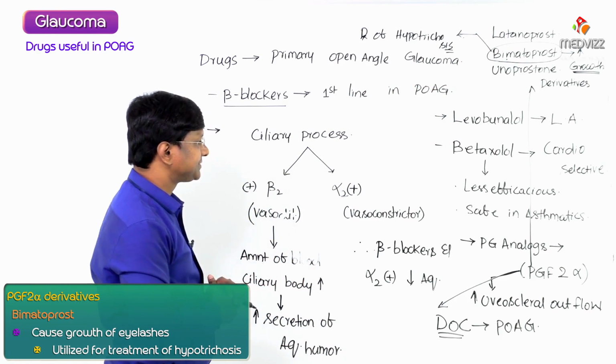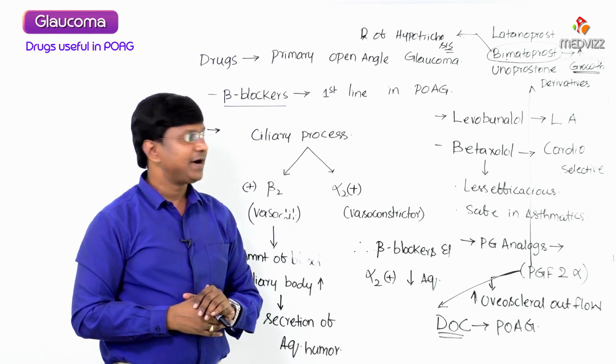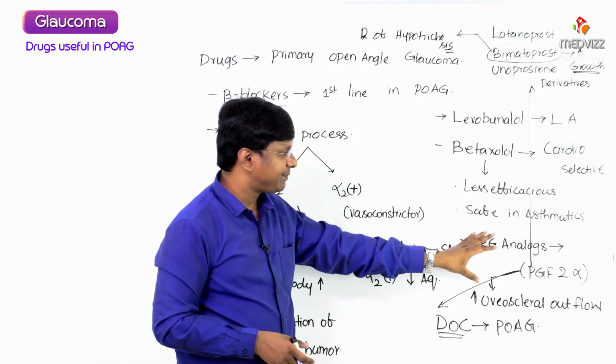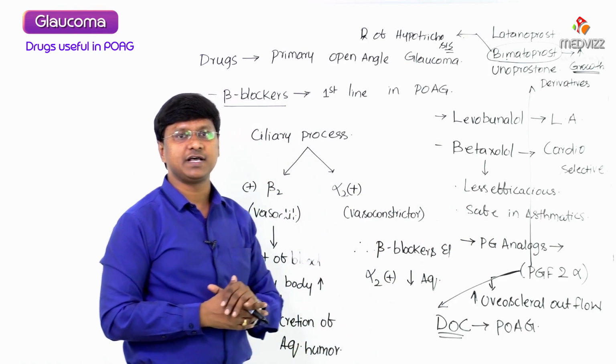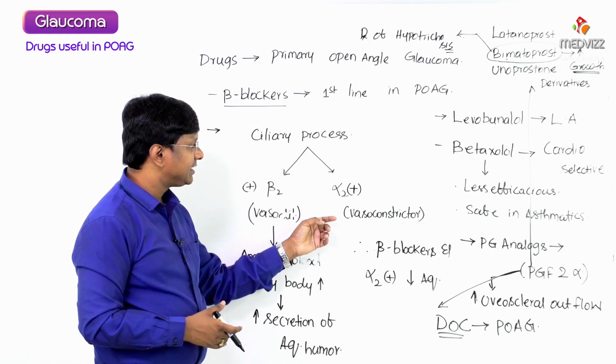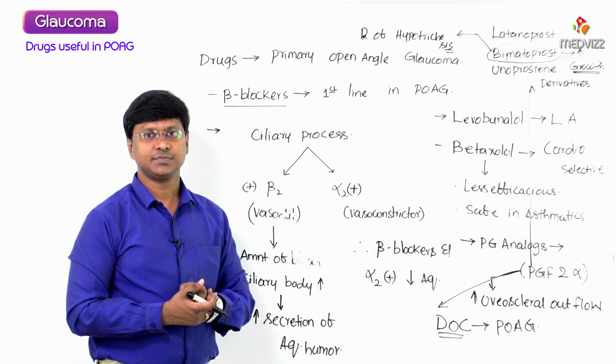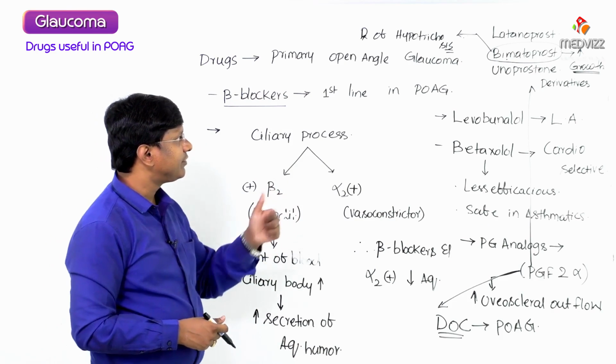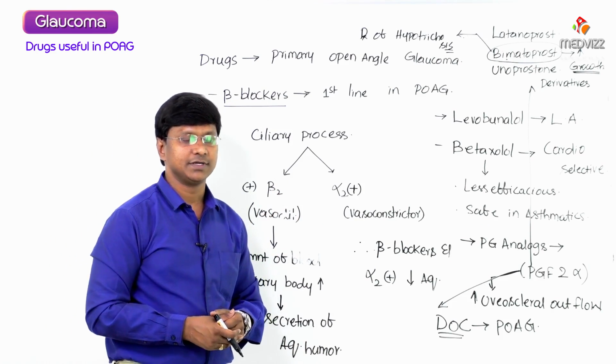Remember that point. Next, apart from the beta blockers and the prostaglandin analogs, that is PGF2 alpha, we have the alpha agonists, which are used in the treatment of primary open angle glaucoma.